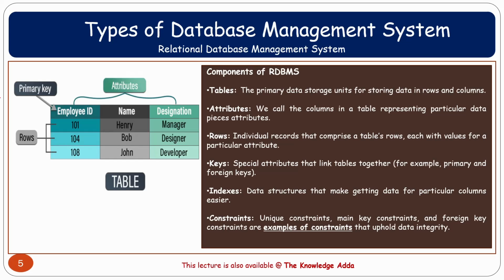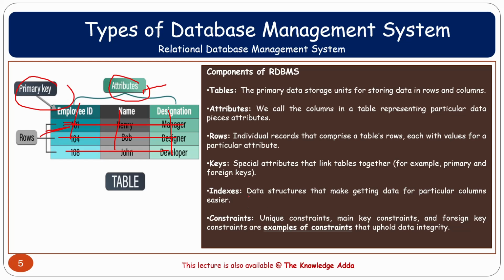Here you can see this is a column, and a column is generally called an attribute, or sometimes a field. A row is an individual record, representing a single record. This is an example of a row, this is an example of a row, and this is an example of a row. And keys, as we discussed, this is the primary key, and by using primary key and foreign key, we create relationships between the tables.